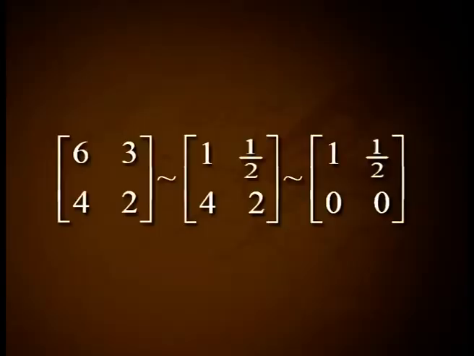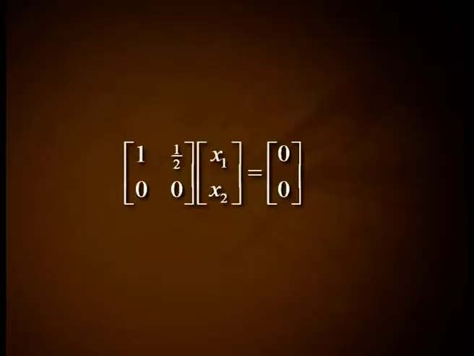Applying row transformations, the coefficient matrix in 6 successively gives [6, 3; 4, 2] equivalent to [1, 1/2; 4, 2] equivalent to [1, 1/2; 0, 0], and hence the corresponding matrix equation is [1, 1/2; 0, 0] times column matrix x1, x2 equal to column matrix 0, 0.